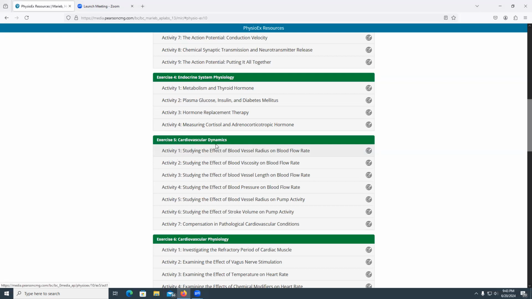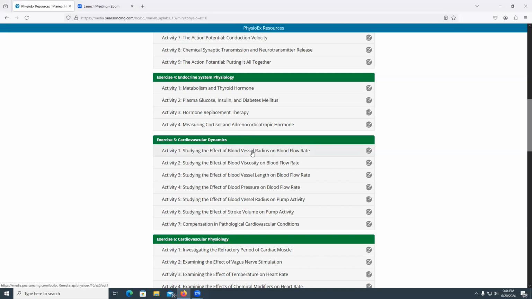So studying the effect of blood vessel radius on blood flow rate. Obviously, we have two variables. The blood vessel radius is a variable because it can increase or decrease. The blood flow rate is another variable because it can increase or decrease. Now, what variable are we talking about when it comes to blood vessel radius?